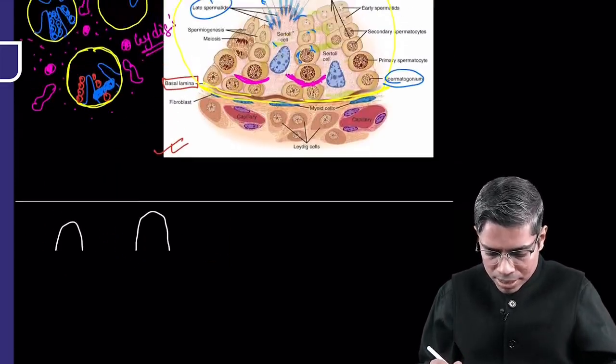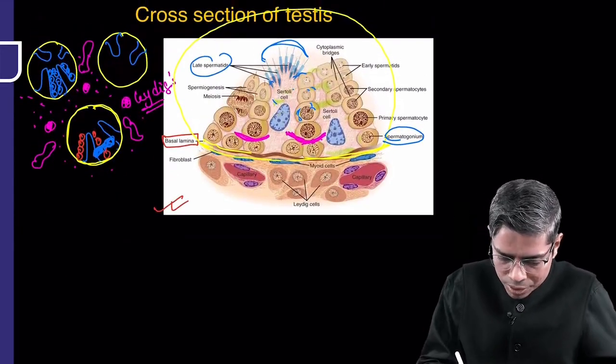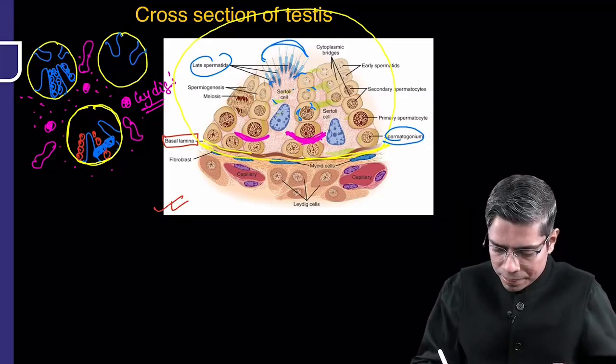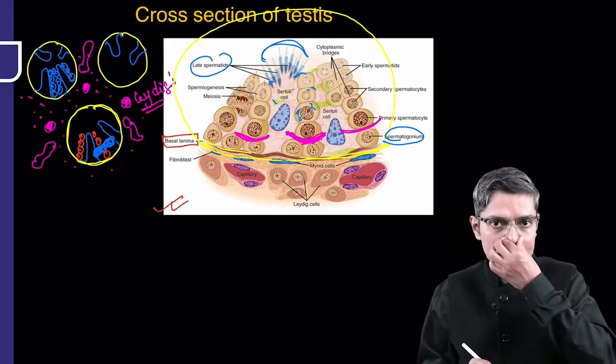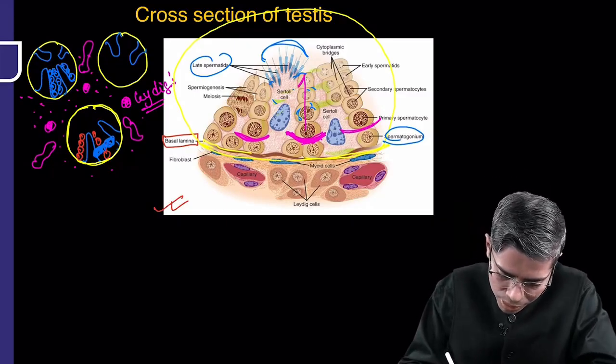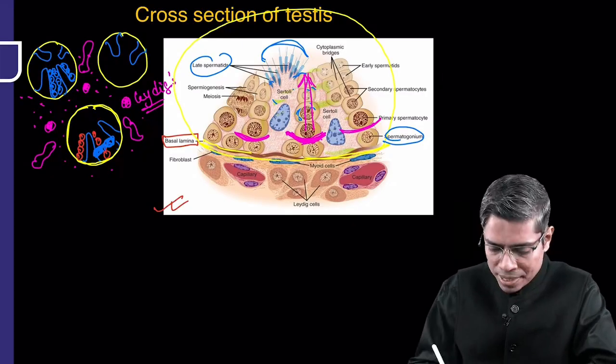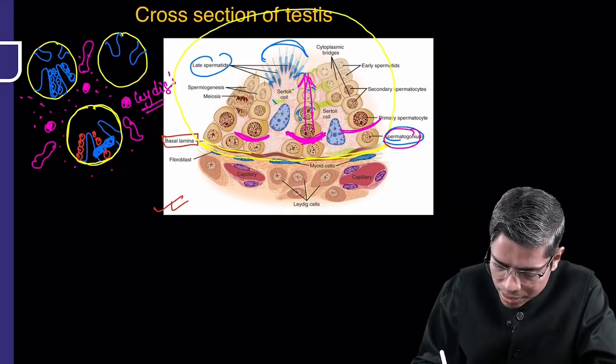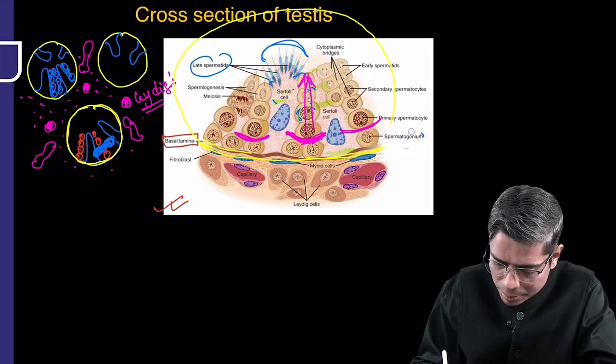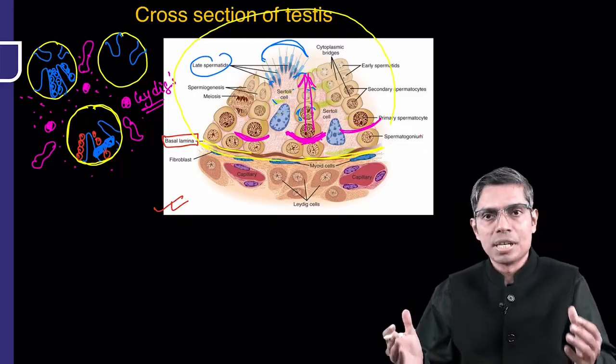If you note the diagram from Genong here, this pink colored one is the blood testis barrier. Which cell is located outside this blood testis barrier? All these cells are located inside the blood testis barrier, and the cell which is located outside this blood testis barrier is nothing but spermatogonia.